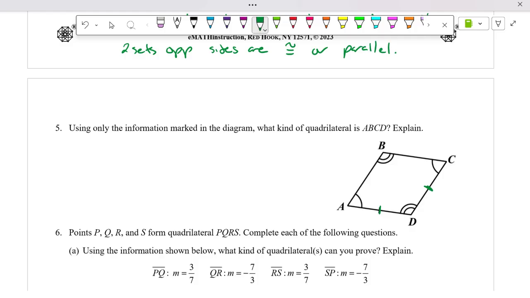So what makes this a rhombus? Remember, rhombuses are parallelograms. If it helps, let's think back to that flow chart that we made. You guys remember this flow chart that we made last week? We have the quadrilaterals. From quadrilaterals, we have the trapezoids and the kites.